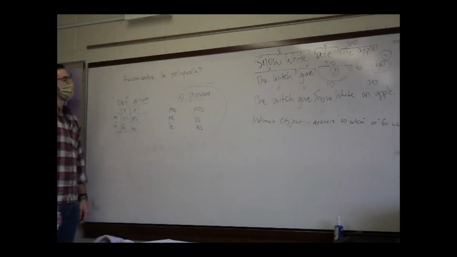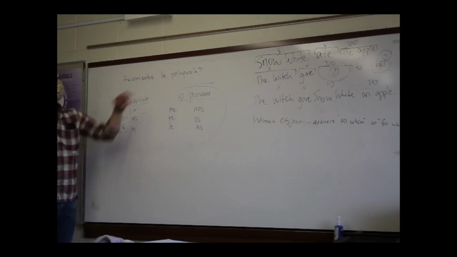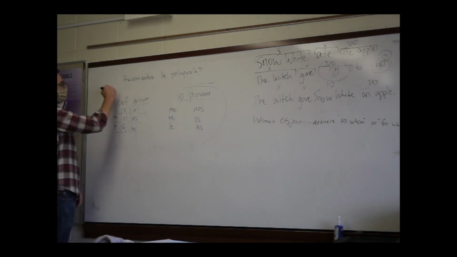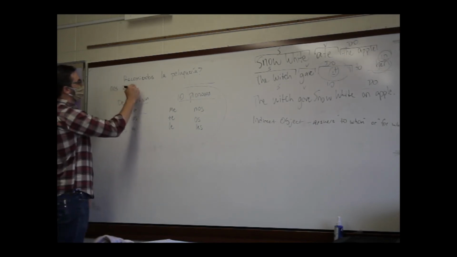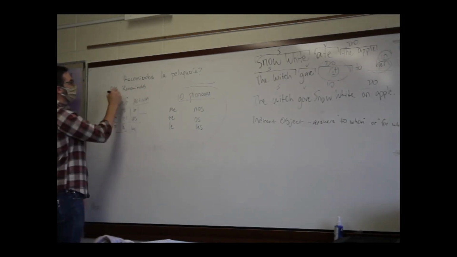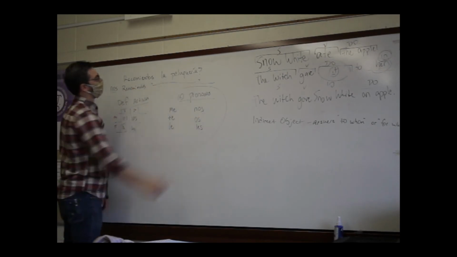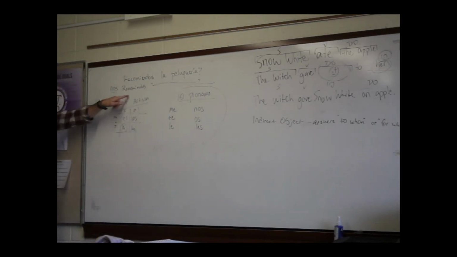Do you recommend the new parlor? But we want to add the word nos. Now the sentence means, do you recommend the parlor to us? Nos. Everyone following along with that?